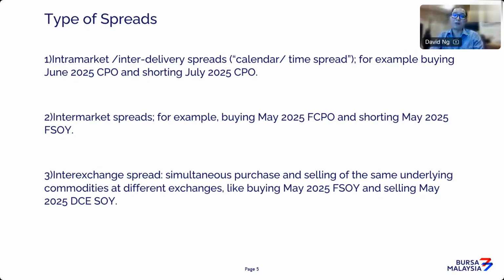There are spreads that capitalize on such opportunities. One good example is looking at the soy contract and comparing it with the soybean oil contract listed on the Thailand Exchange.